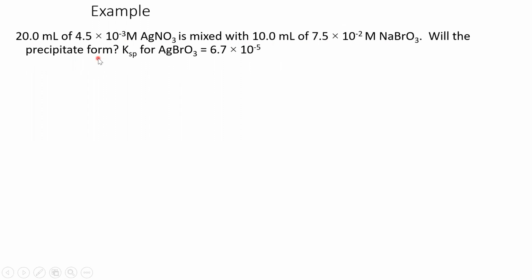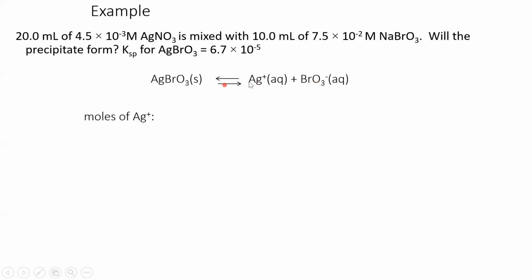Will a precipitate form? It tells us that the precipitate that might form is silver bromate, and it gives us the Ksp value. So we're going to look at an equilibrium between silver bromate and ions in solution.